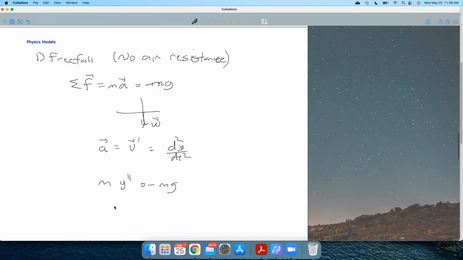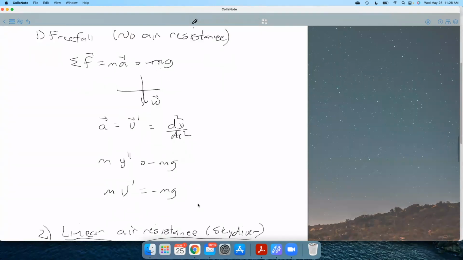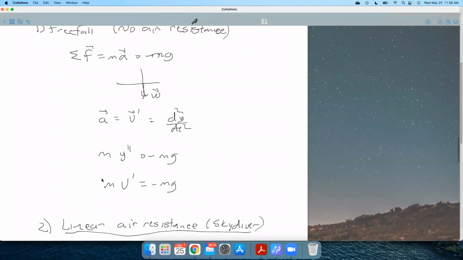Or I could write it in terms of velocity. I could say m v prime equals negative mg, velocity being the derivative of position, or acceleration is the derivative of velocity. You guys have taken physics, you know this. That's a linear DE. I could divide through by m, get v prime equals negative g.